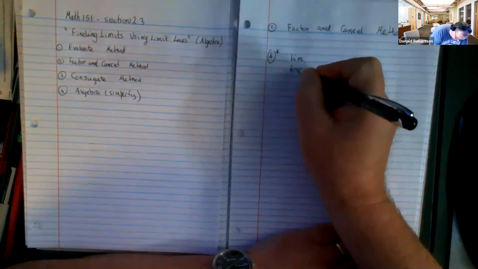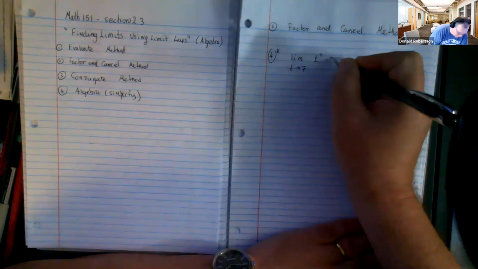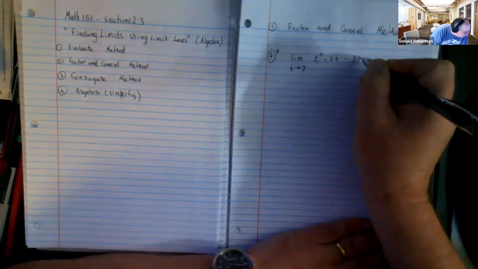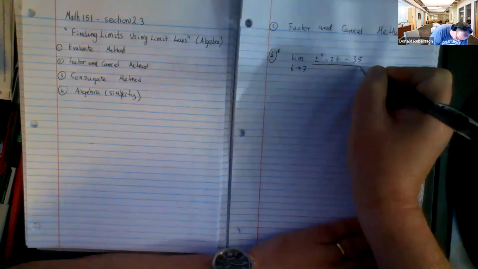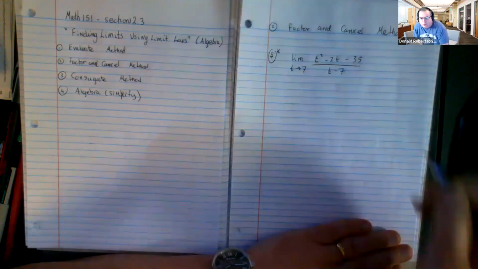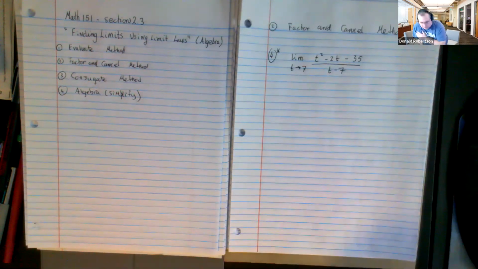We're going to do the limit as t tends to 7 of t squared, take away 2t, take away 35, over t take away 7. Now, I happen to know that's the factor and cancel method, but let's suppose I didn't.